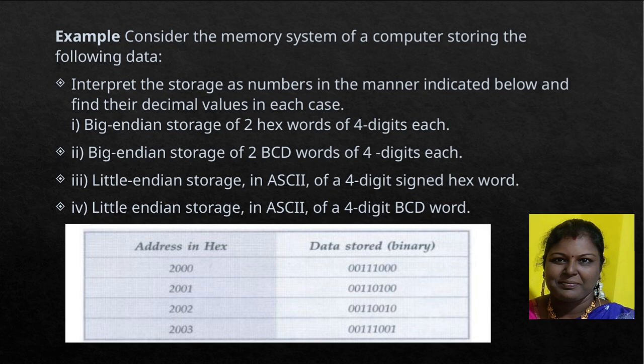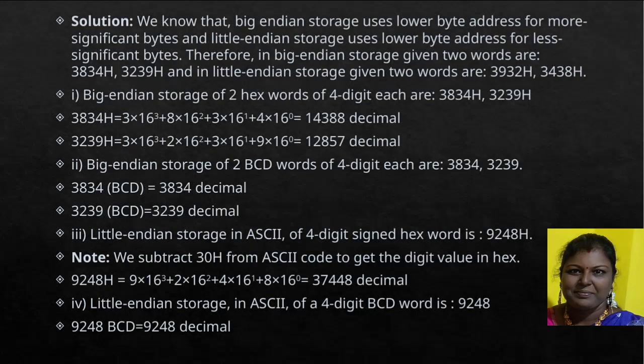Let's break down how data is stored differently in big-endian and little-endian systems. In big-endian storage, the most significant byte goes into the lower address. For example, the hex words 3834 and 3239 translate to decimal values 14,388 and 12,857, respectively. When these are stored as BCD, the values remain the same as their decimal equivalents.